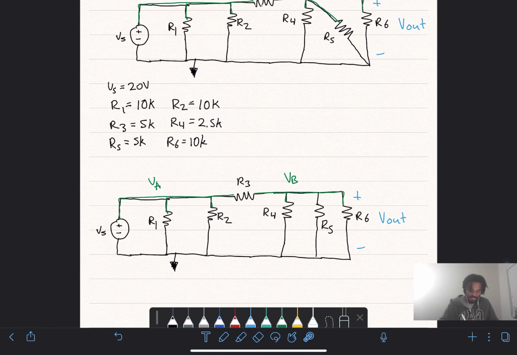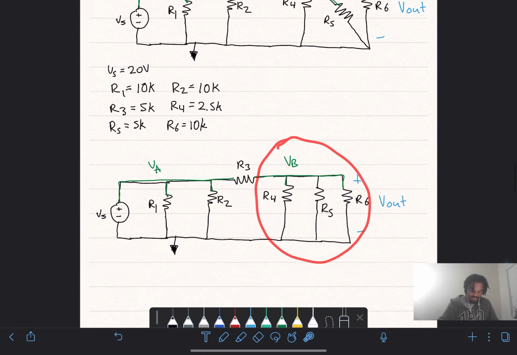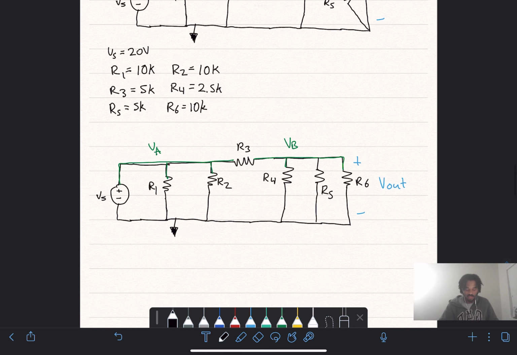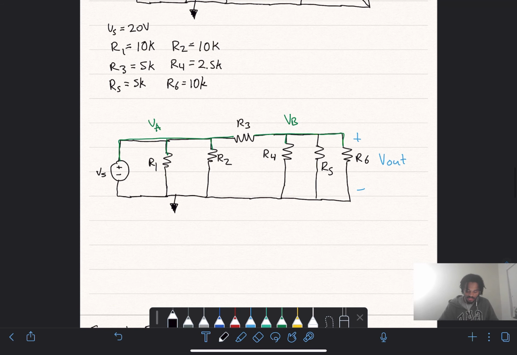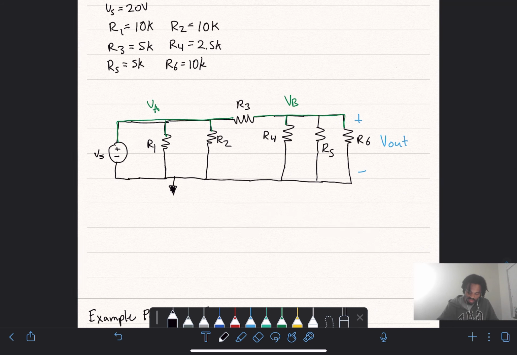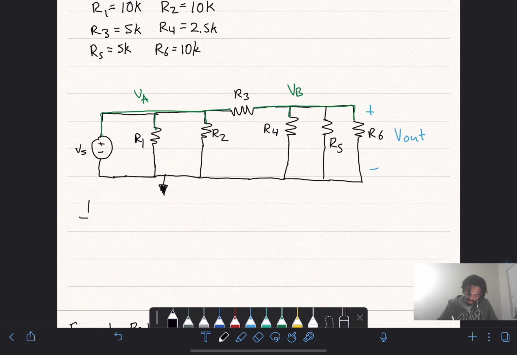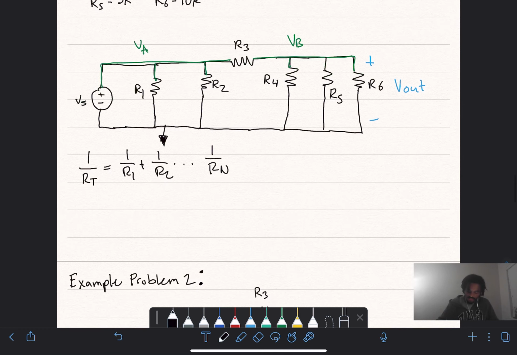So now we can combine these resistors in parallel so we can set up our voltage division. So this combination, we're just going to use the normal parallel resistor equation, which is just your total parallel resistance. So 1 over R1 plus 1 over R2 for however many resistors you have.